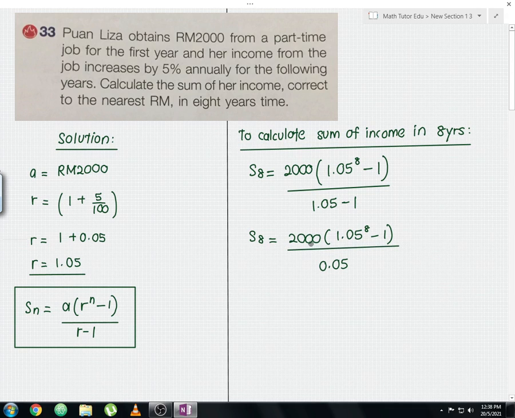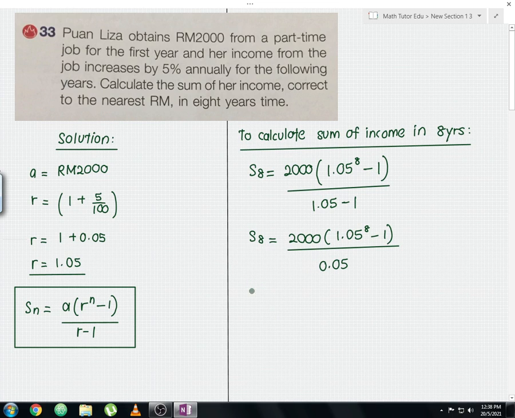So from here, the 2000 you can times with 1 over 0.05. What I do is this 0.05 I factor out and make it into a fraction form such that 1 over 0.05. I hope you understand, guys.